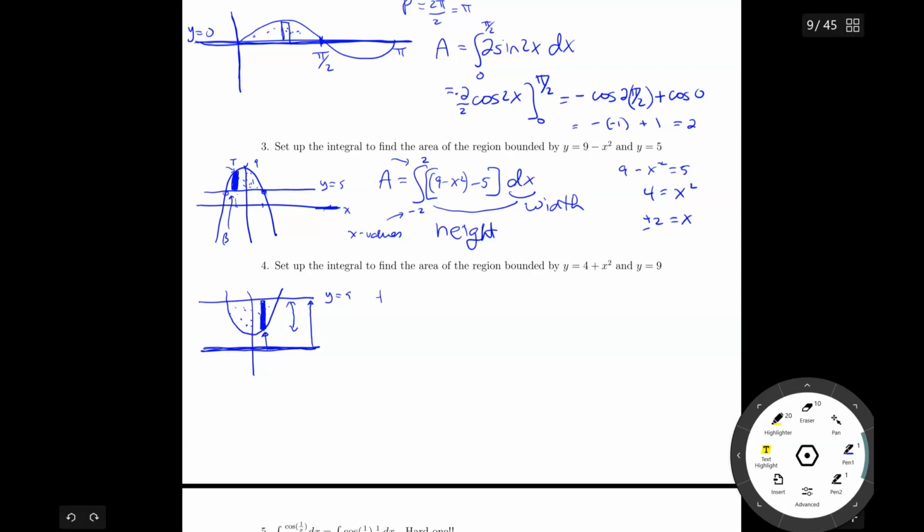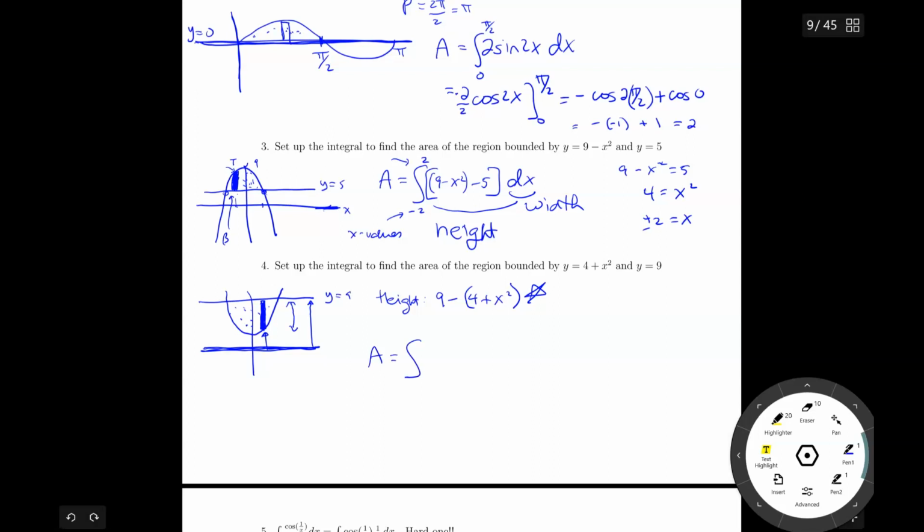Let me develop the idea over here. The height of the rectangle will be go all the way up to y equals 9 and subtract off the parabola 4 plus x squared. Be really careful to put those parentheses in, because you're subtracting off the whole parabola.